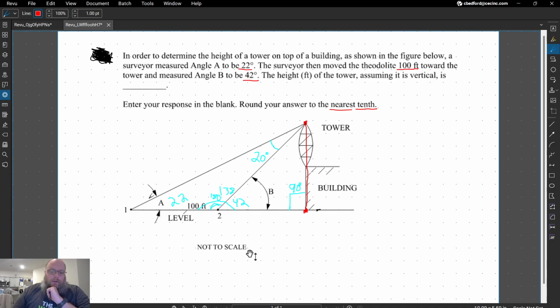So let's label our triangle. We got A. Let's call this one number 2. We're going to rename it to be B. And then this angle is C. That's going to give us a distance AB here, which we know is 100 foot.